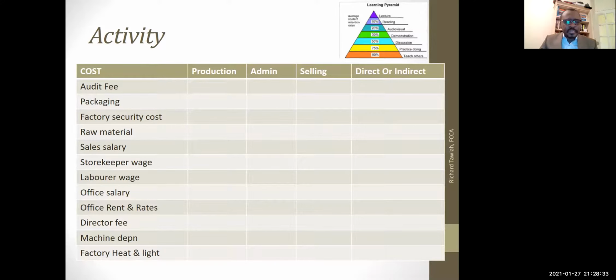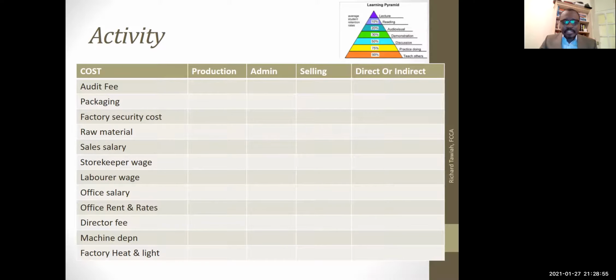Storekeepers' wage. The storekeeper has to do with production. What does he keep store? What does he keep watch over? The production. So it is a production cost, but his wages cannot be traced to the product. So it becomes an indirect cost. Laborer. The laborer works directly on the production floor. His cost can be traced to the product.